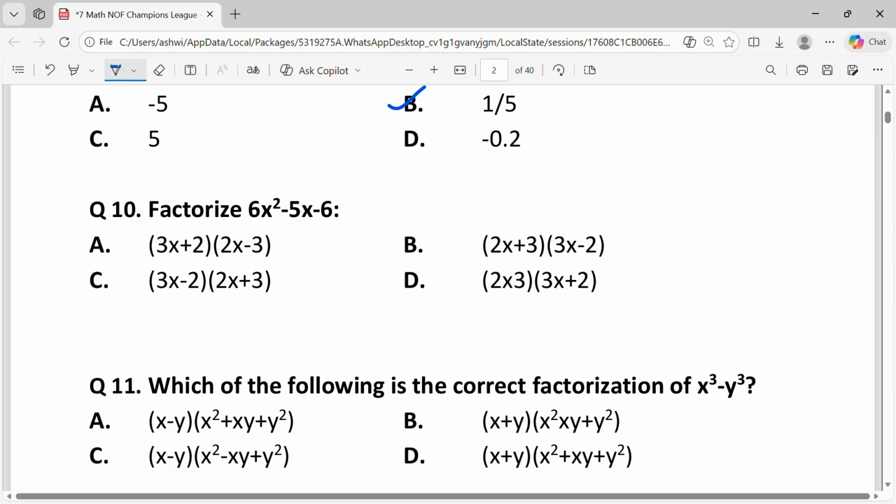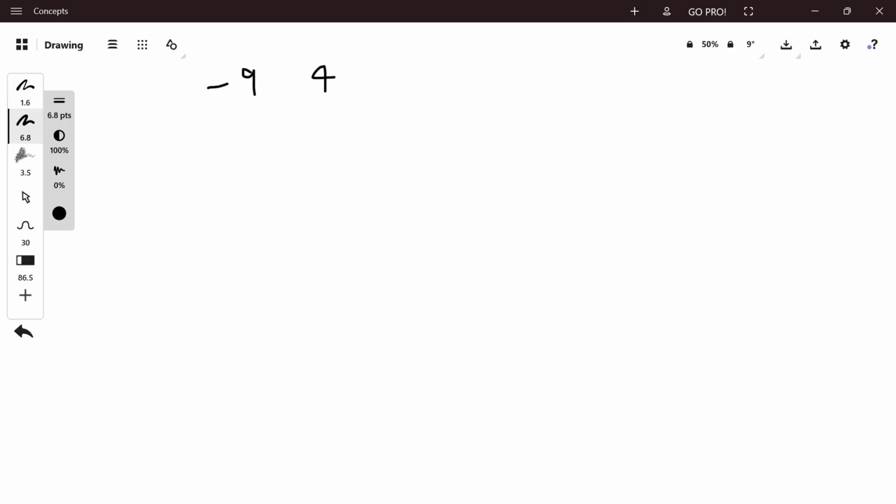Question 10. Factorize 6x square minus 5x minus 6. For the quadratic equation ax square plus bx plus c, we need numbers whose product is 6 into minus 6 equal to minus 36 and whose sum is minus 5. These numbers are minus 9 and 4. Rewriting the expression by splitting the middle term, that is 6x square minus 9x plus 4x minus 6.